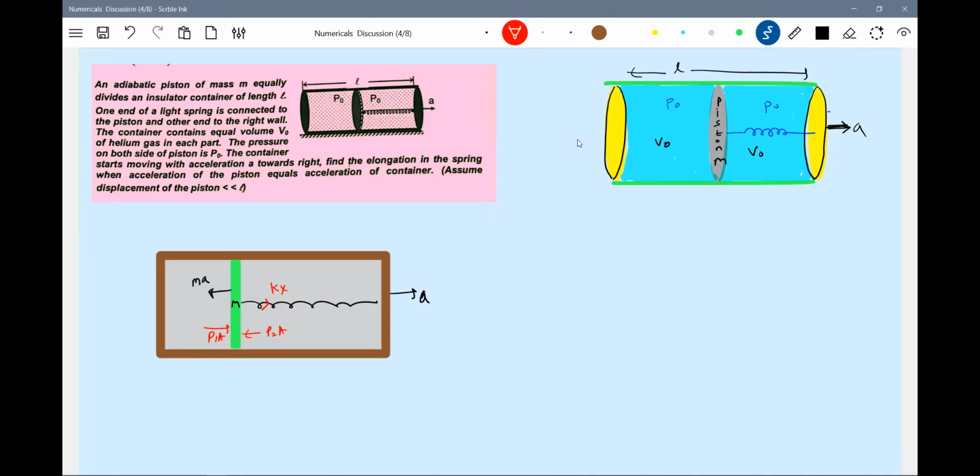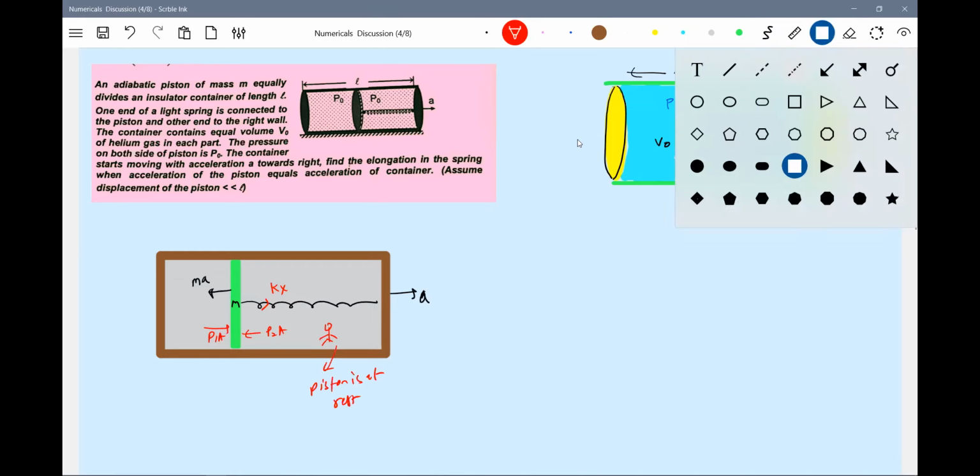It's in equilibrium, no? Now, who is solving this problem? The person inside the chamber, inside that cylinder, is solving this problem. For him, the piston is at rest. What does the person on the ground say?